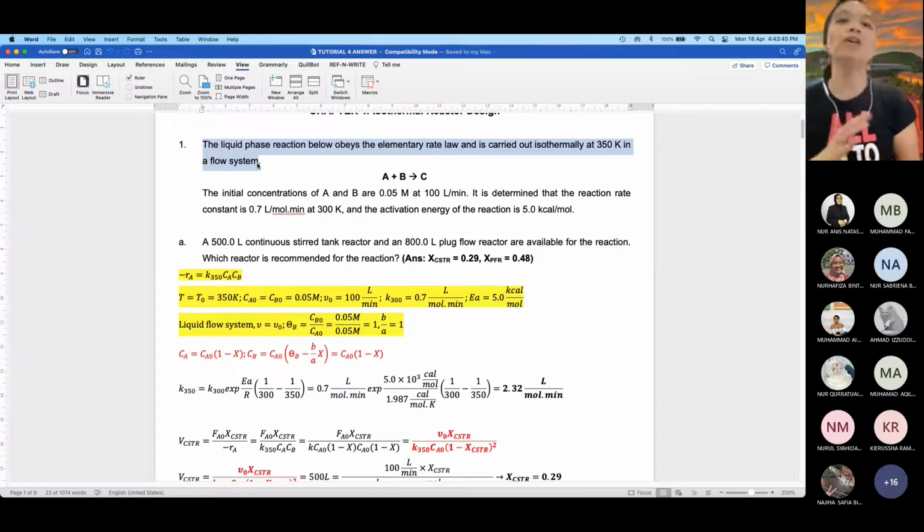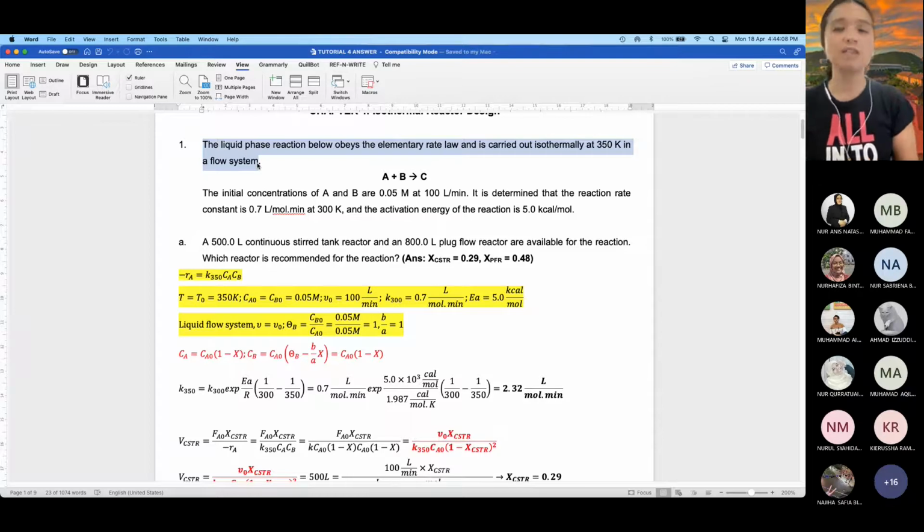So first of all, it says liquid phase reaction. So from now on, by now you already realize the significance of the phase in the reaction when you're solving questions, especially when you're talking about flow reactors, meaning CSTR, PFR.